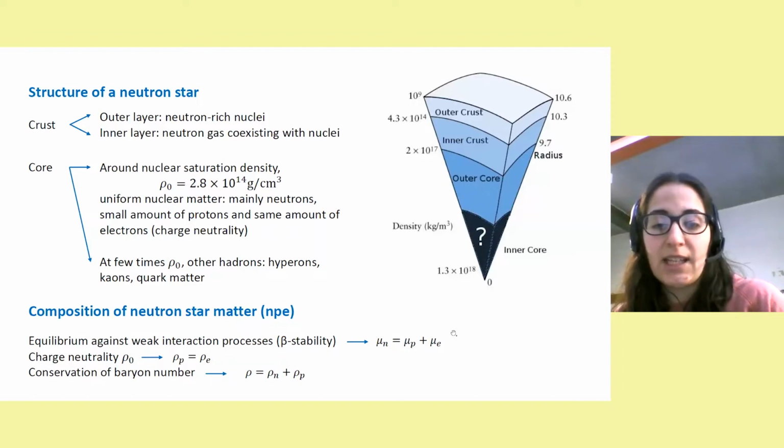And this gives us the relation between the chemical potentials, right? And also we have to impose charge neutrality. Okay, this gives us the relation between the proton and the electron densities. And if we also impose the conservation of baryon number, then we have that the sum of the neutron and proton densities has to be the total baryonic density, okay?